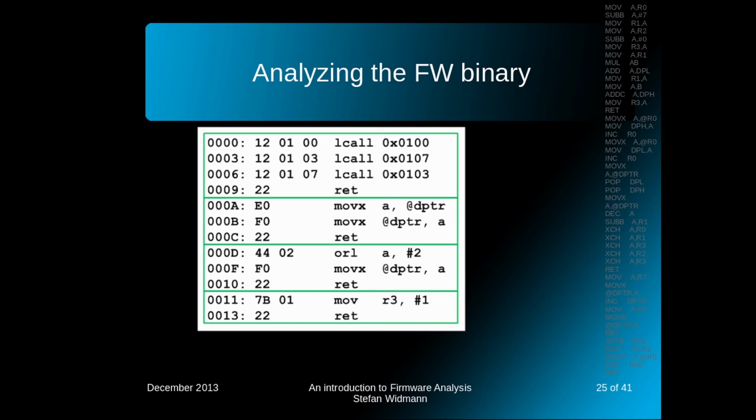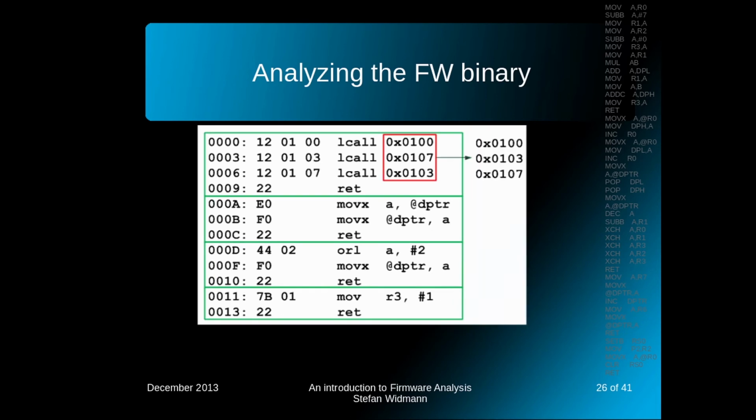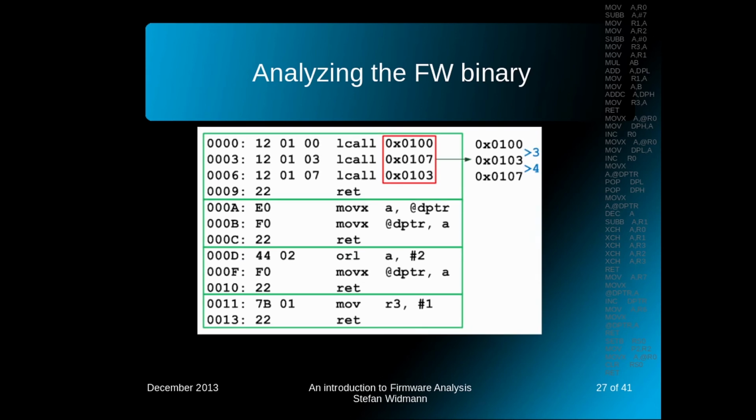So what we do is we take the 3 subroutine addresses and sort them. So we get 100, 103, and 107. We build a difference to figure out the length of the subroutines. So we get 3 bytes and 4 bytes.